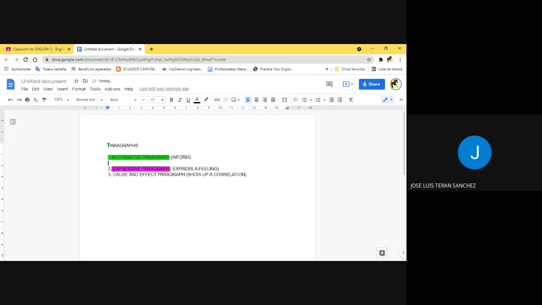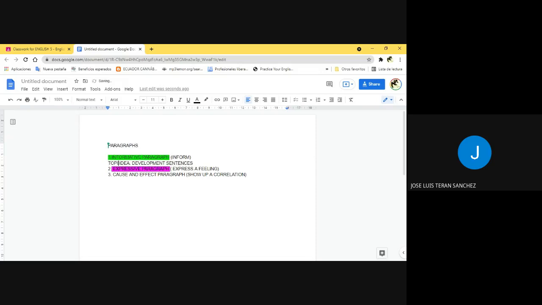In the informative one, the structure usually is main idea at the beginning, and the development sentences, let's say. And here they say topic sentence, right?